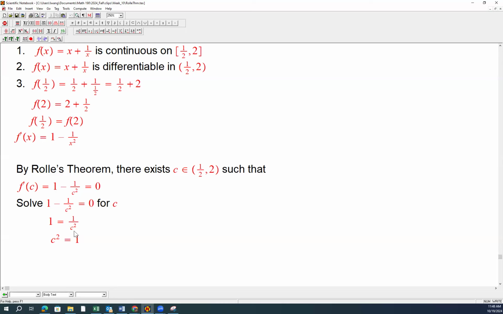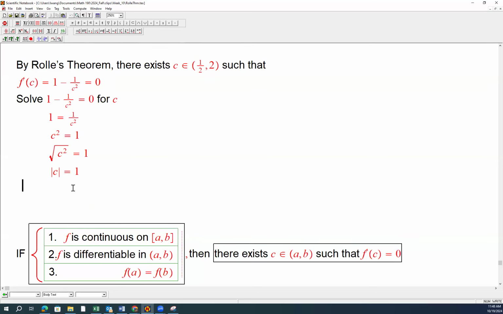Of course, we're going to take the square root on both sides. The square root of 1 is 1, and we got the absolute value of c equals 1. Finally, we got c equals positive 1 or negative 1.